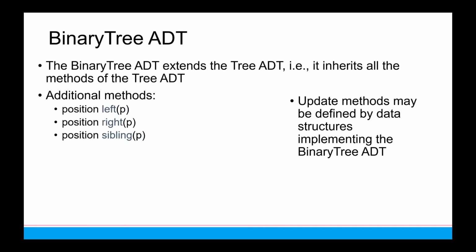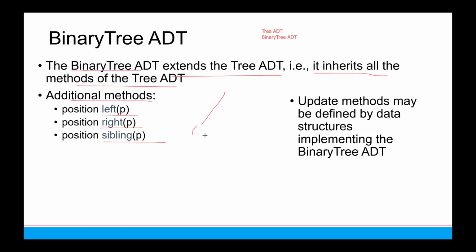So the binary tree. In the previous one we have the tree ADT, but we can also have the binary tree ADT. The binary tree ADT extends the tree ADT, so it inherits all the methods of the tree ADT. The additional methods: we can check the position left, we can check the right, and we can check the sibling.